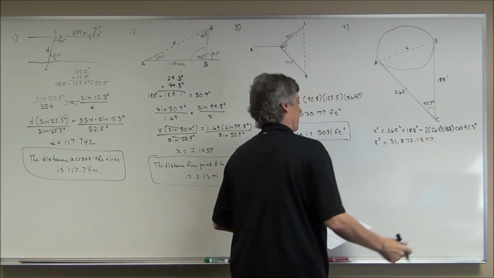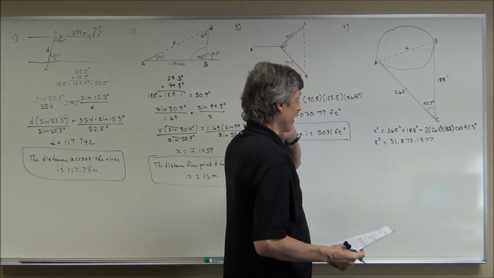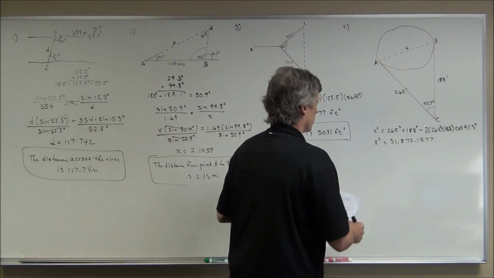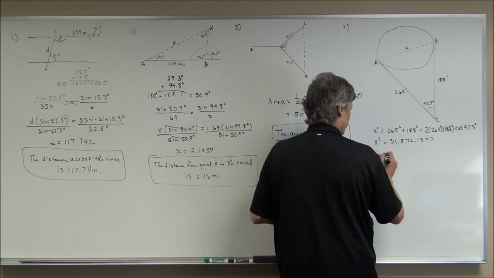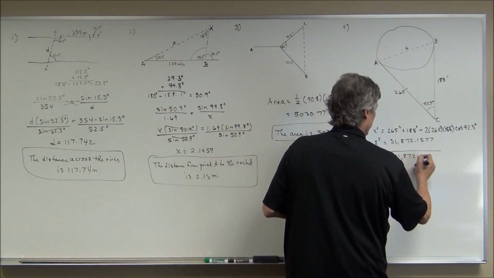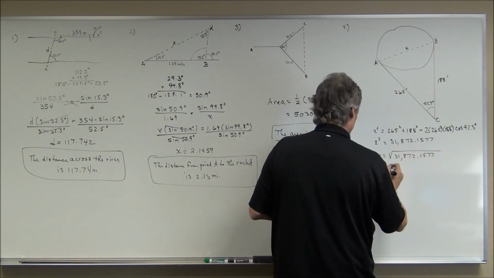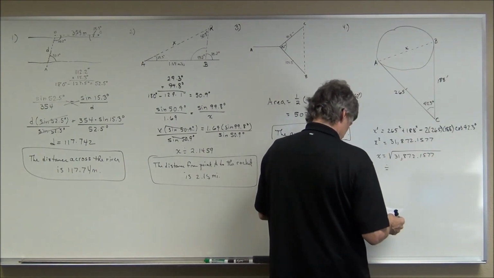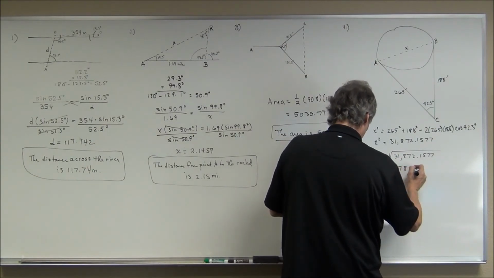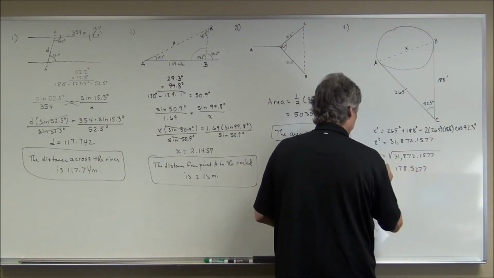31,872.1577. I went ahead and took it out 4 places because this isn't my answer. This is just getting me to my answer. My answer is going to be the square root. I have to take the square root of both sides. So I get this to be 178.5277.